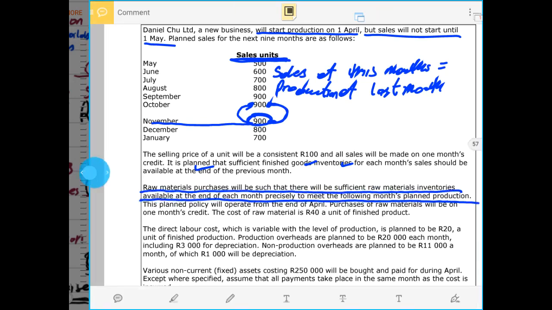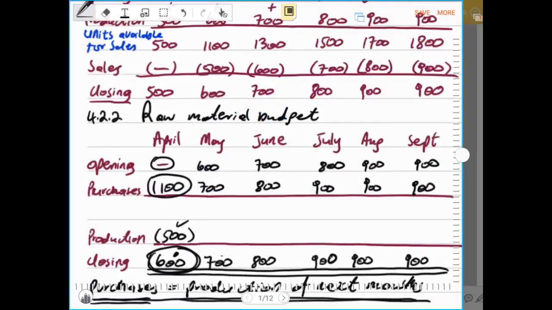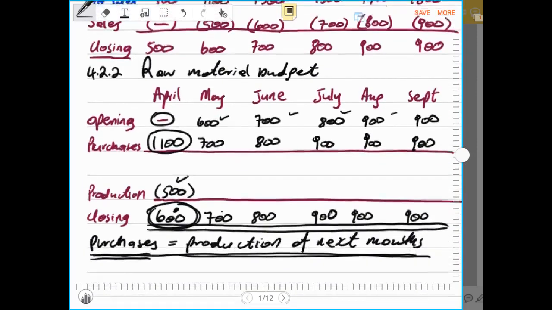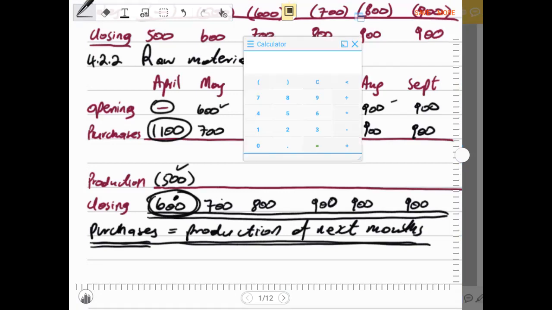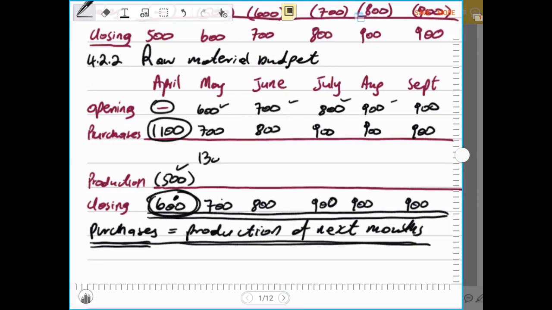So how do we make sure that happens? We already have our purchases, we have recorded them. We have to take into account the fact that there were already opening balances given there. So if purchases is equal to next month production, in the month of May we'll say 600 plus 700. This will give us 1,300. So 1,300 will be the units that were available.